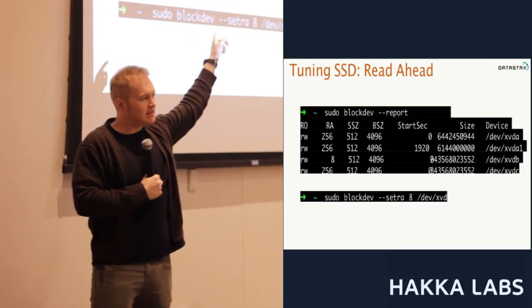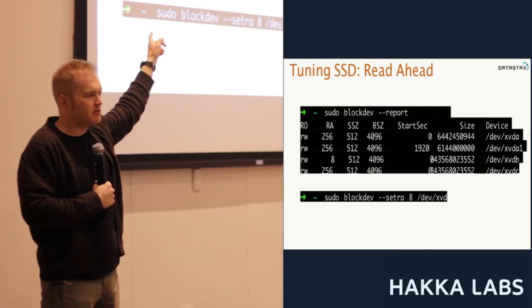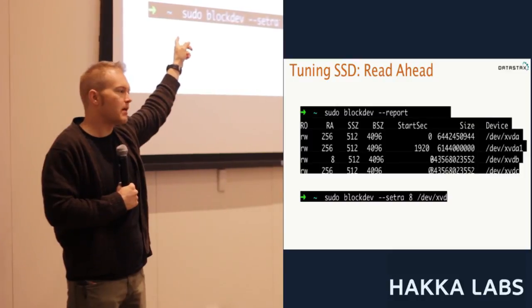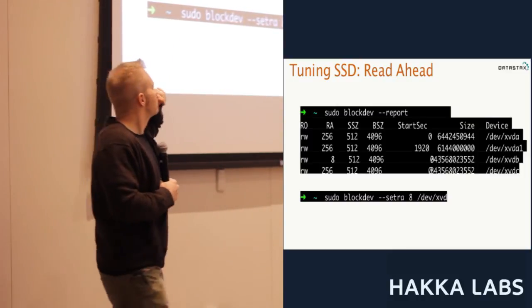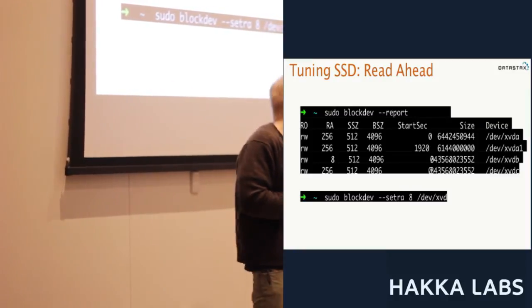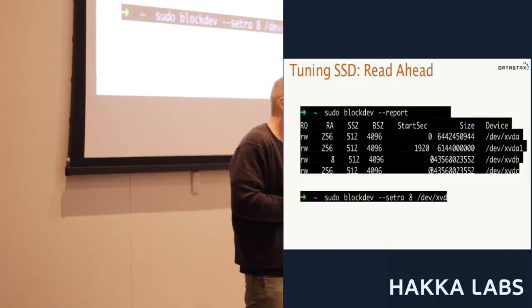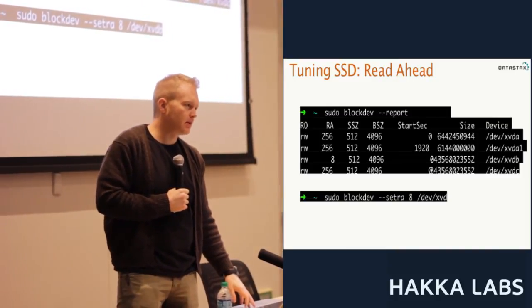You'll see SSD seek time go from 6 milliseconds down to 100, 200 microseconds. If you have really fast SSDs, then you can possibly set it to 0, but 8's typically a good starting point.